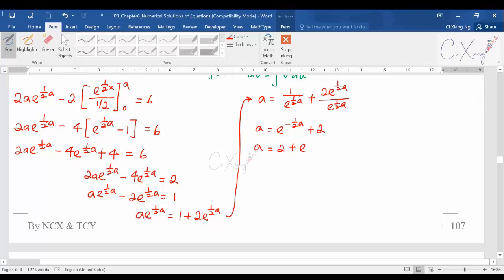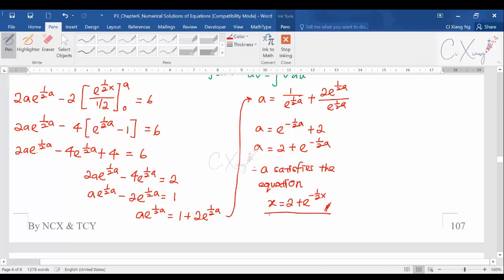So if I rephrase it again, this is what we get. Which means a fulfills this equation, and therefore the a satisfies the equation x equals to 2 plus e negative half x.